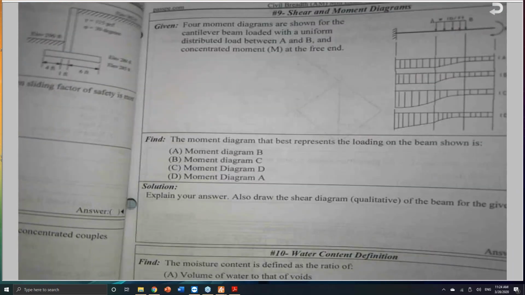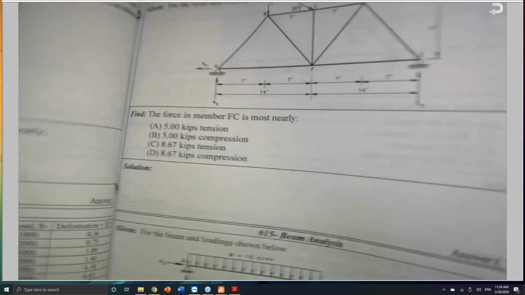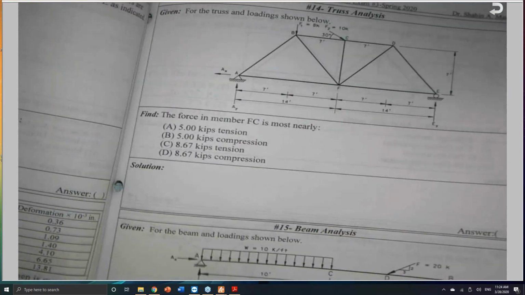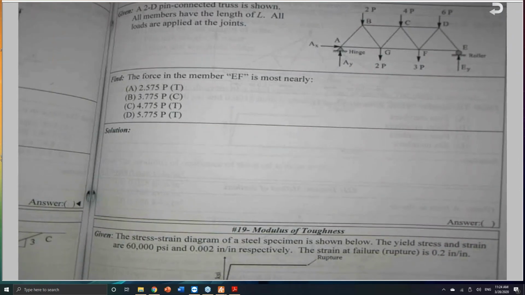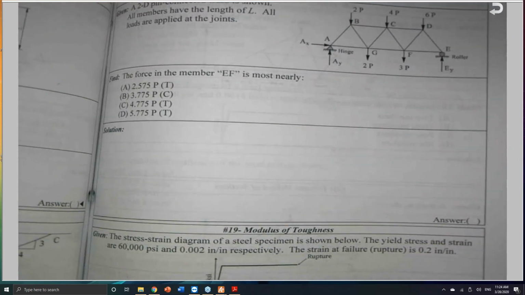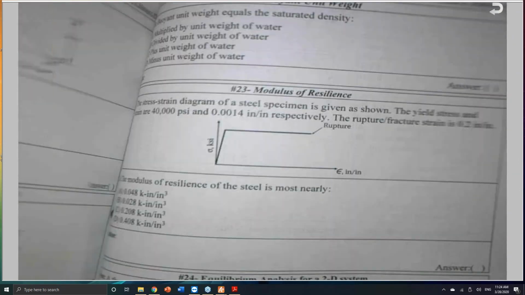Go over them and solve all of them. Take it seriously. Some of them are lengthy, some of them are not lengthy. Be selective, okay? I have a lot of truss problems here, by the way, a lot.